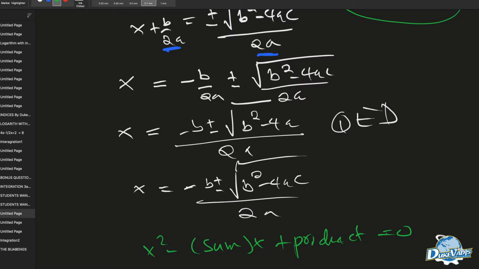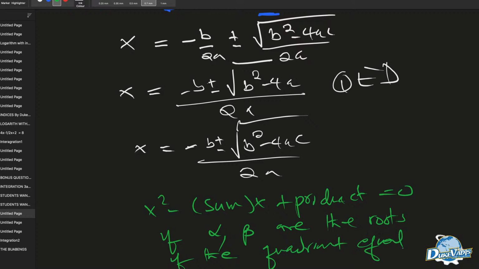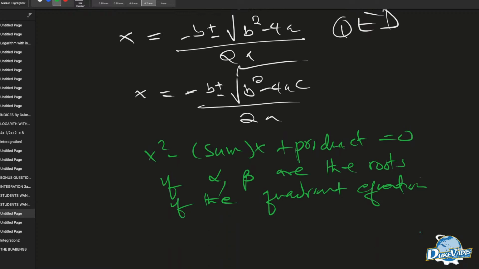If alpha and beta are the roots of the quadratic equation, then we can say that the sum, which is alpha plus beta, is always given as negative b over a, and alpha beta is equal to c over a.